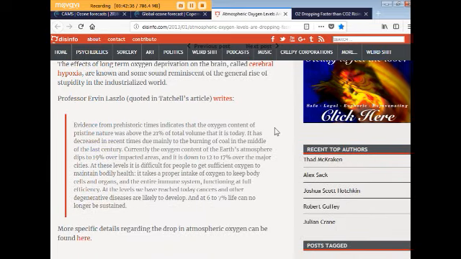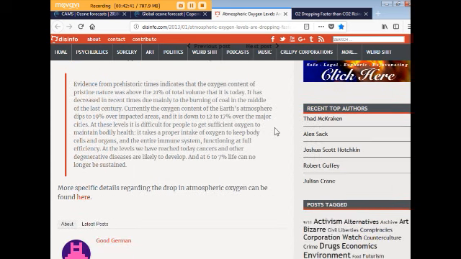Professor Irvin Laszlo writes, "Evidence from prehistoric times indicates that the oxygen content of pristine nature was above the 21% of total volume that it is today. It has decreased in recent times due mainly to the burning of coal in the middle of the last century. Currently, the oxygen content of the Earth's atmosphere dips to 19% over impacted areas and is down to 12 to 17% over the major cities.